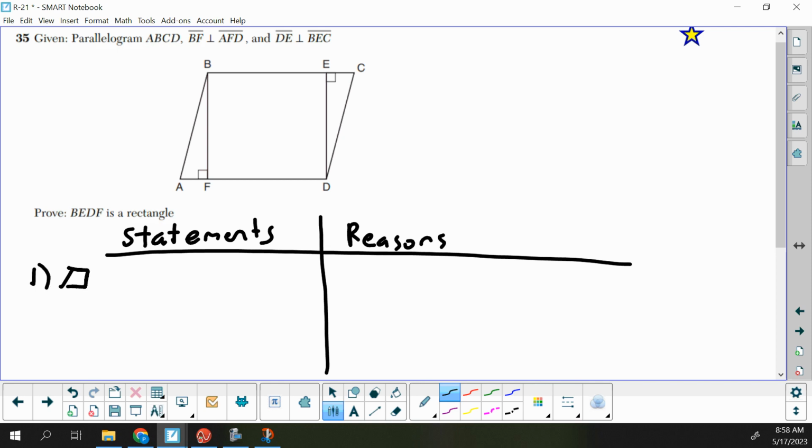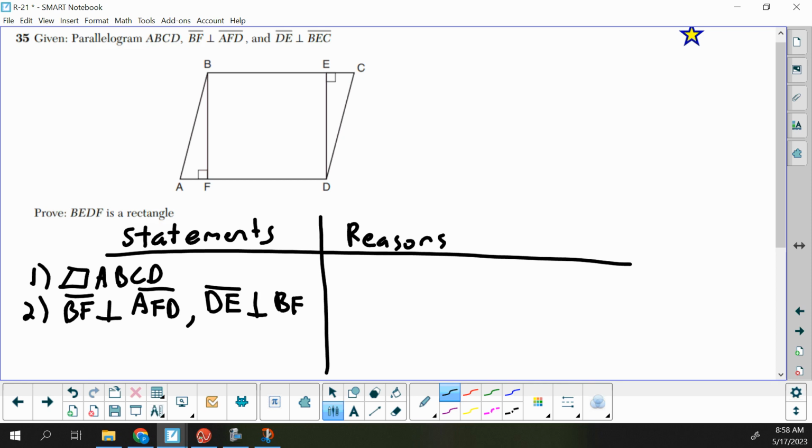So we have parallelogram ABCD, and we have BF is perpendicular to AFD, and also DE is perpendicular to BEC. And those are both given.